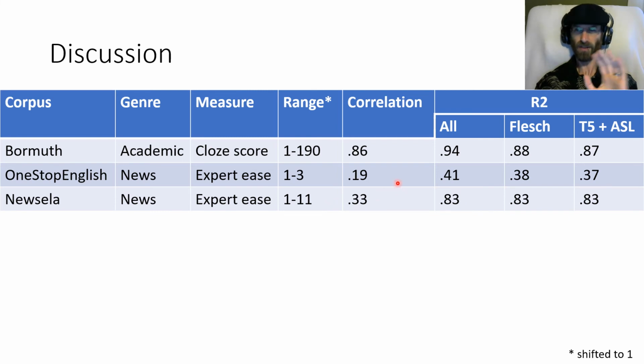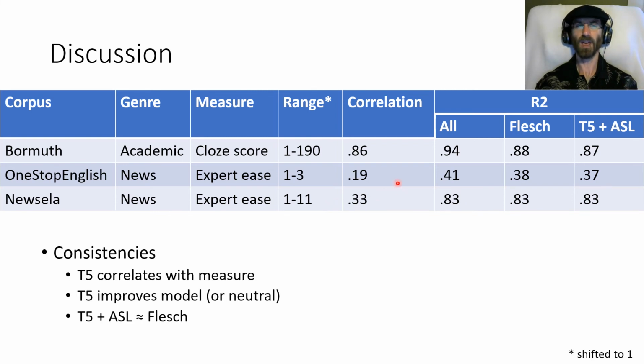So those are the differences, and we can see that consistently across these studies, T5 is correlating with the measure. So these are all significant correlations. T5 is always correlating with the measure, whether it's the Cloze score or the expert ease.